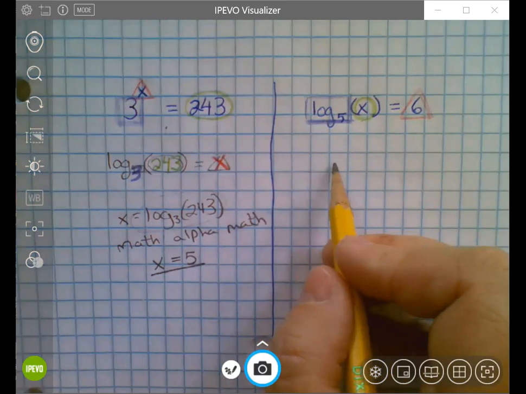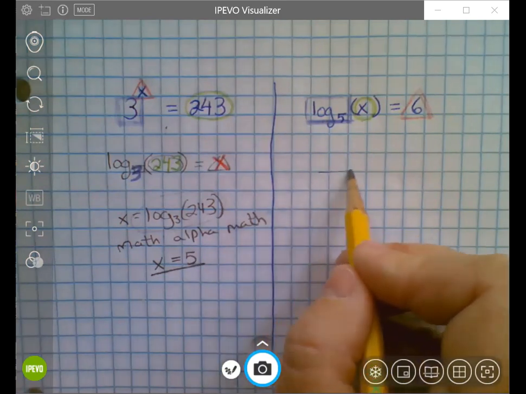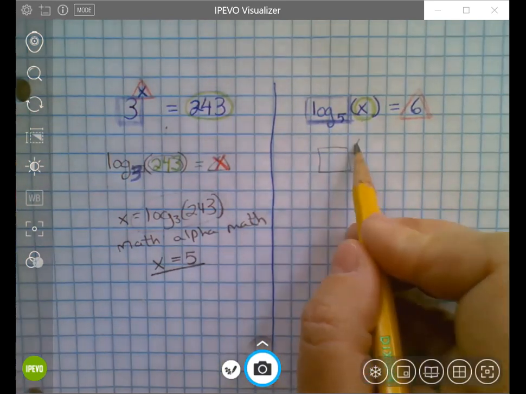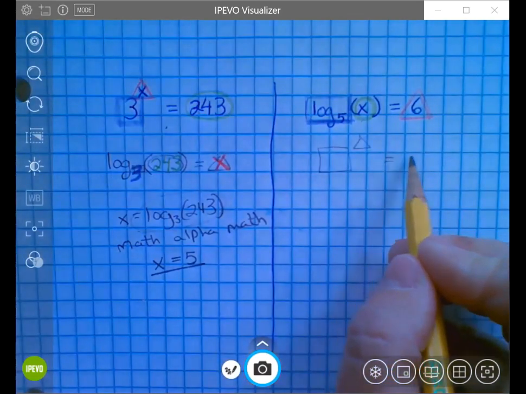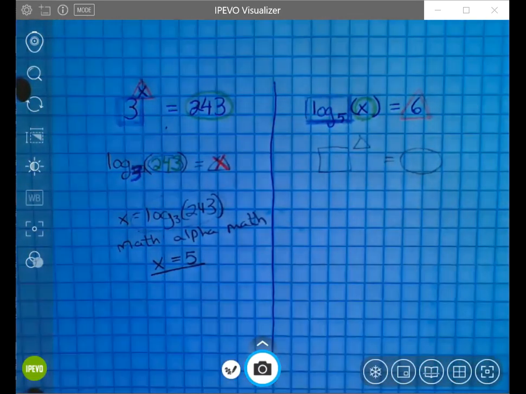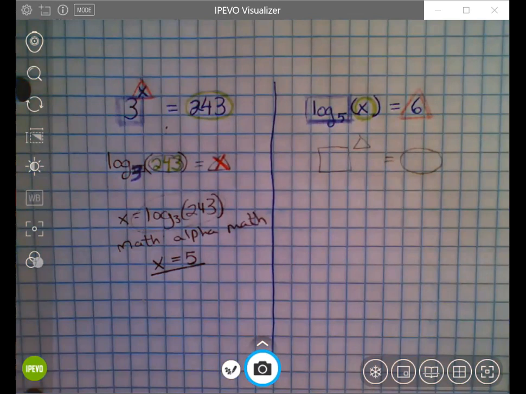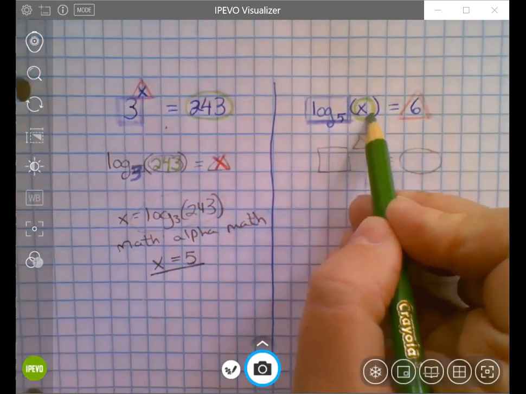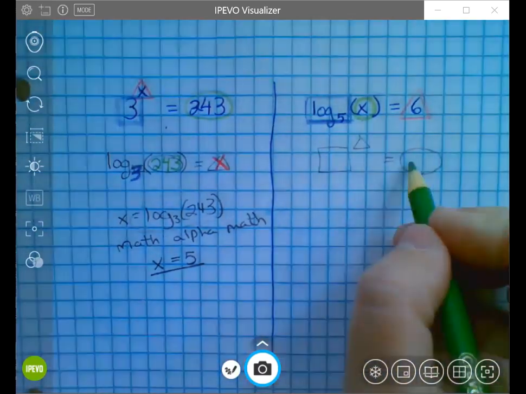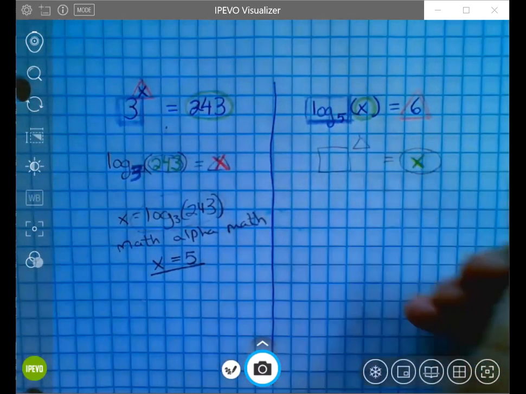So we know that we're going to have some base being raised to an exponent equal to something. Okay, and again, using the color coding, the thing that is inside the log is called the argument.